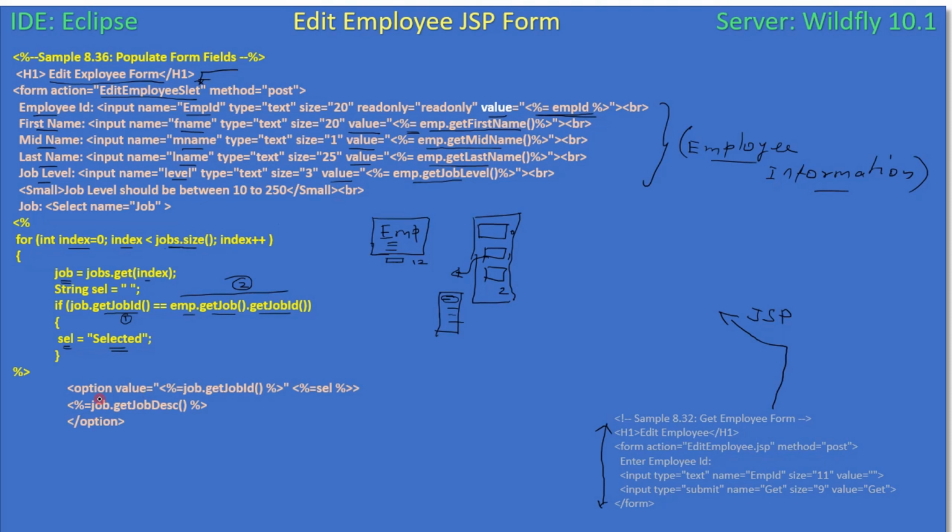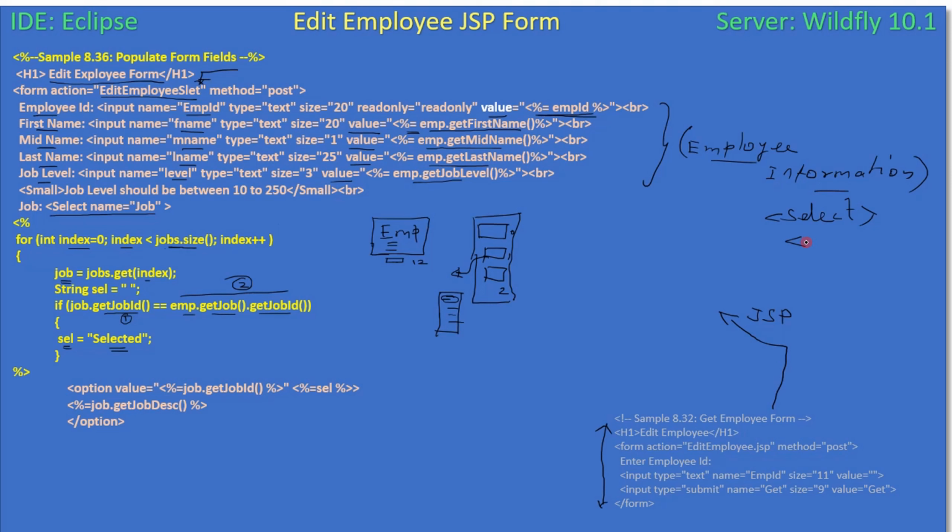Next we populate the option. This is the select, right? Select tag name, we are giving it as job. Select contains option. This is pure HTML. We already saw this in one of our previous videos in this series.